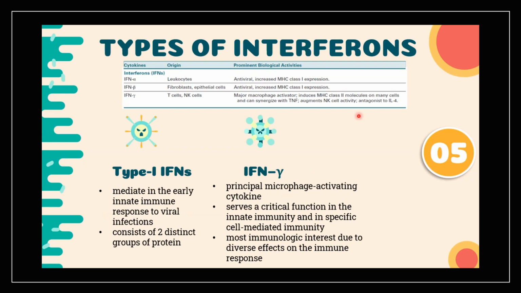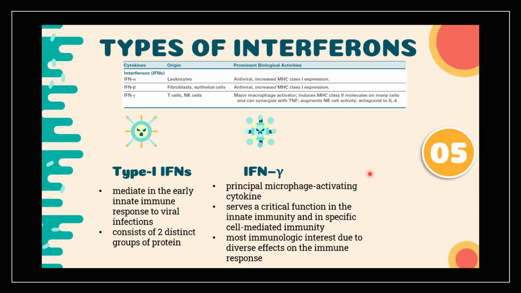Additionally, it stimulates the expression of class 2 MHC molecules in different types of cells. The expression of MHC class 2 molecules enhances the phagocytic properties of the cells. It also increases the antigen presenting capacity of antigen presenting cells.